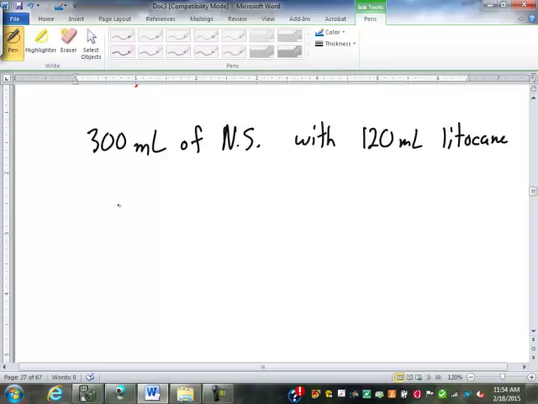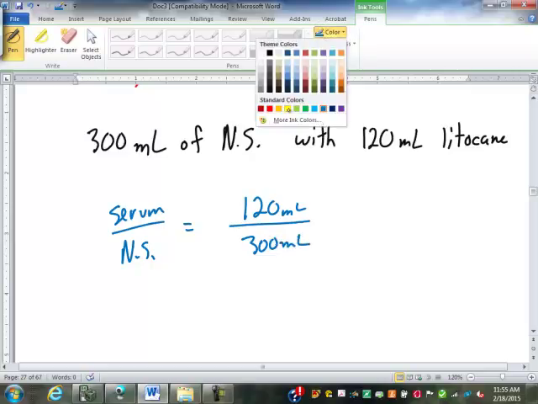So our ratio here of serum to saline is going to be 120 milliliters of lidocaine over 300 milliliters of saline.